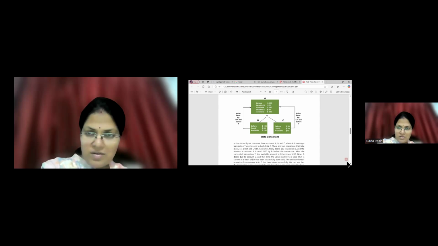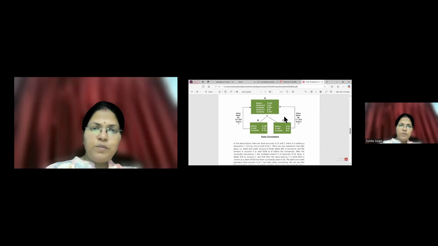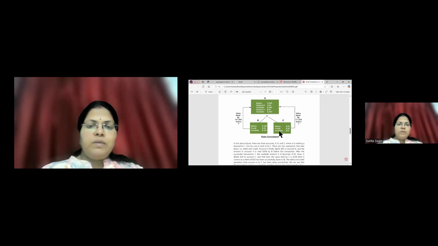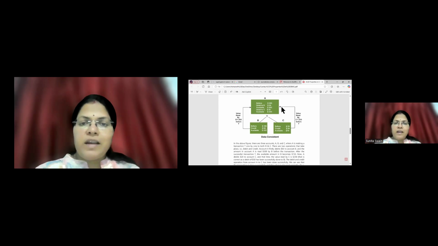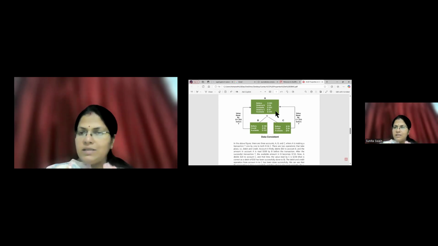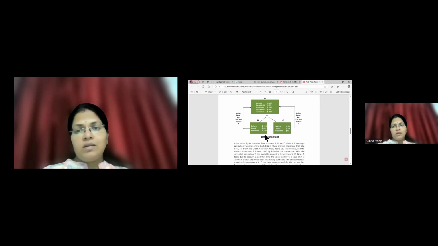If it is not done, suppose 50 rupees has been debited and the available balance is 250 rupees, but it has not been credited to B as 50 rupees, then though the available balance of A is correct, the available balance of B will be incorrect. So it is called inconsistent information in the database.